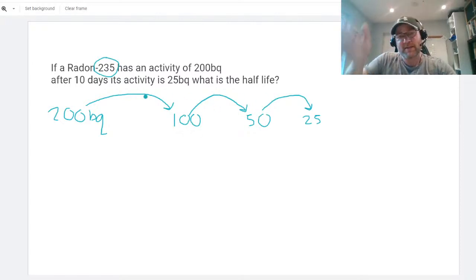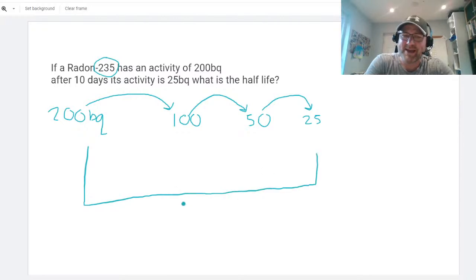How many halvings has that been? It looks like 4, but how many halvings has it actually undergone there? Remember I said that took 10 days. That whole thing took 10 days. How much is each halving worth? Well, there's 3 half-lives.